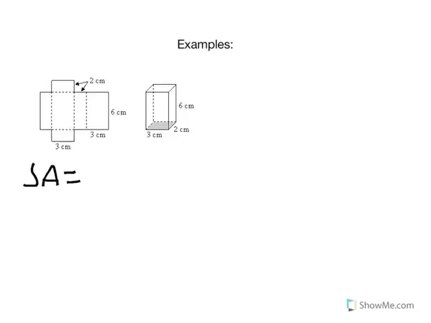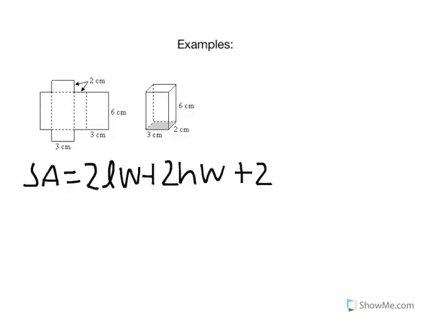And we're going to use that net diagram to help us figure it out, okay? So we're going to do 2 times length times width plus 2 times height times width plus 2 times height times length. And this is our surface area formula.